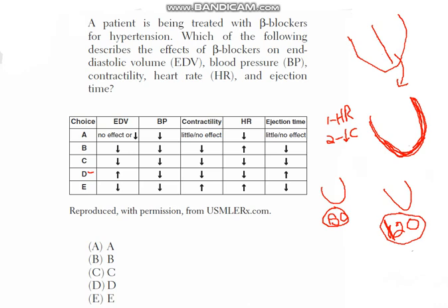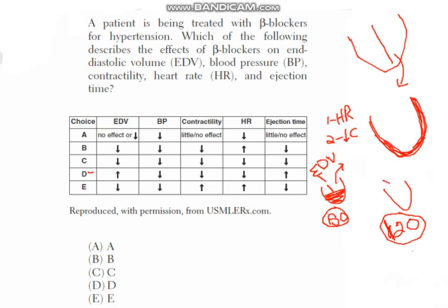It means that during the filling of the blood to the left ventricle, the end diastolic volume is the volume when the ventricle is completely dilated. So it dilates, it fills with the end diastolic volume, and then ejects out.